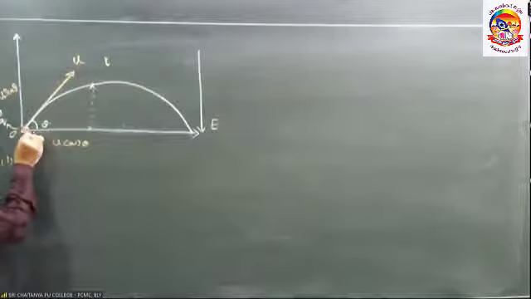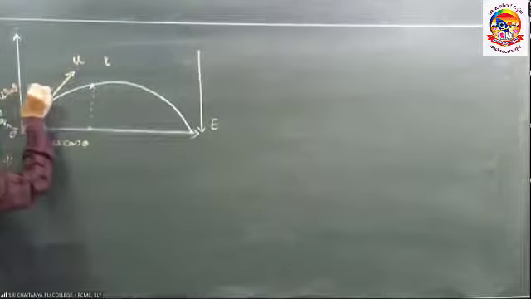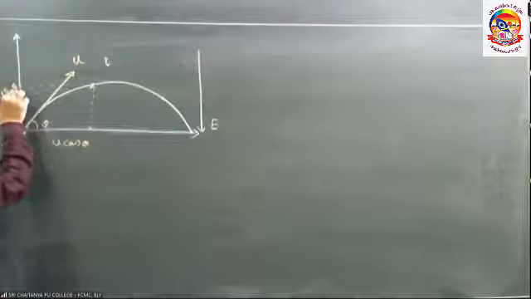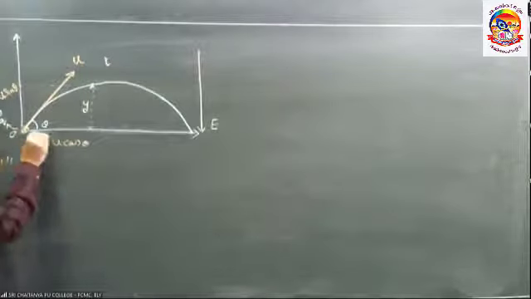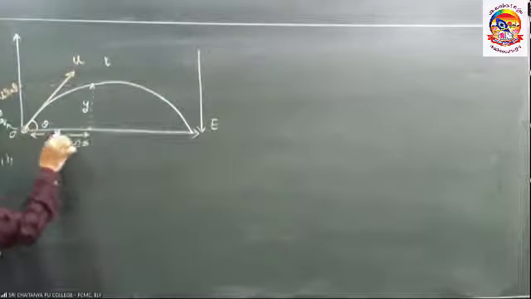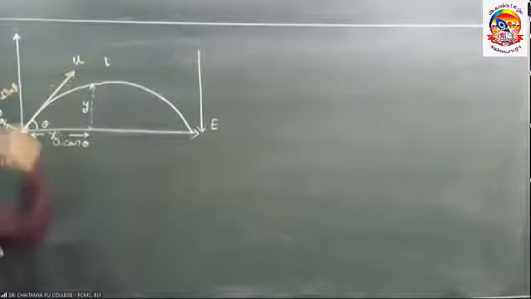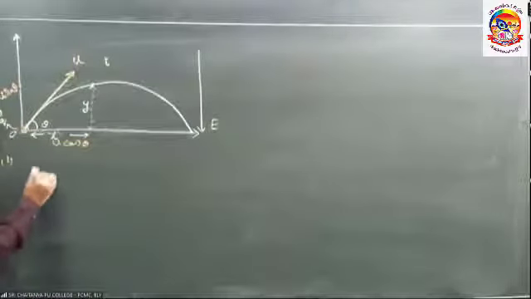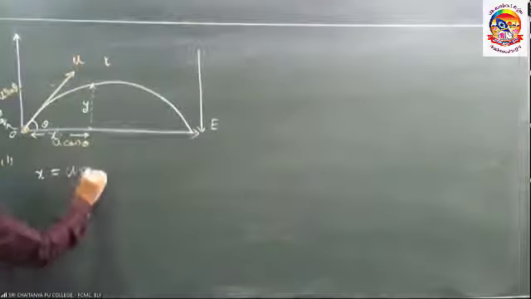What is its horizontal displacement? Vertical displacement y, horizontal displacement x, at a particular instant of time t. So how to write? Let us recall those formulas. Horizontal displacement x is equal to u cos theta t.